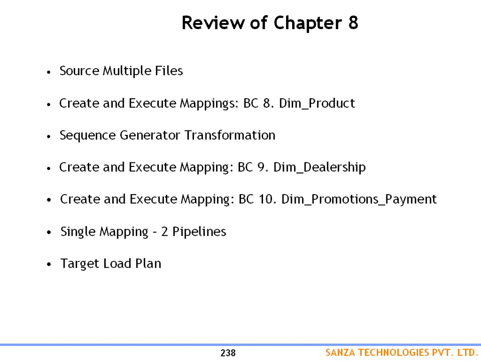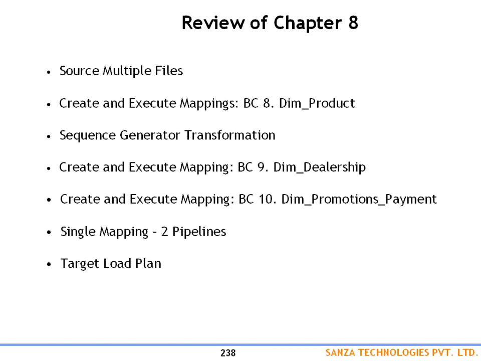When the session is completed, the last value loaded plus the increment value is stored as the current value, and it is physically stored in the Informatica repository, so that the next time you execute the session, it starts from that number. So this is the process of the sequence generator transformation.